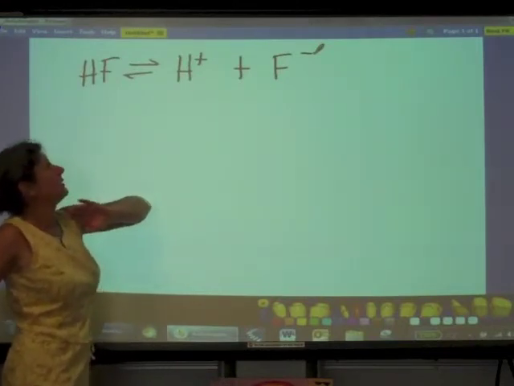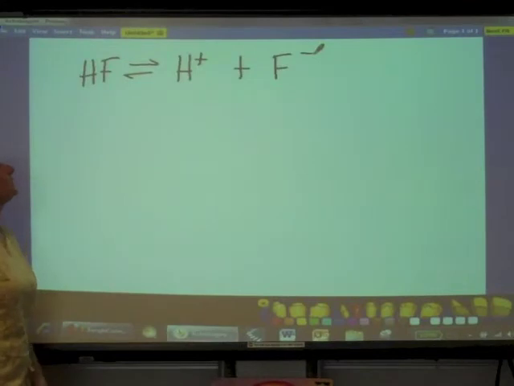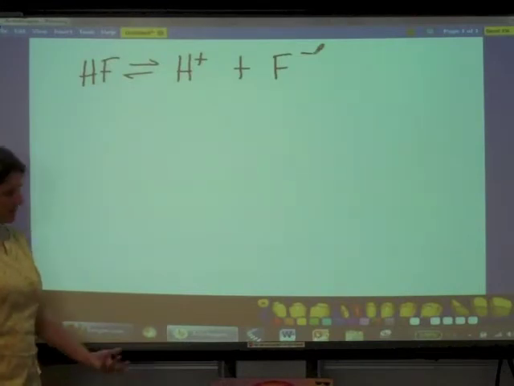So, we've got a weak acid, we've got to determine hydrogen ion concentration. We have this new component now that we've never tackled. And we need to figure out the hydrogen ion at equilibrium. So, we need an equilibrium expression for this thing.